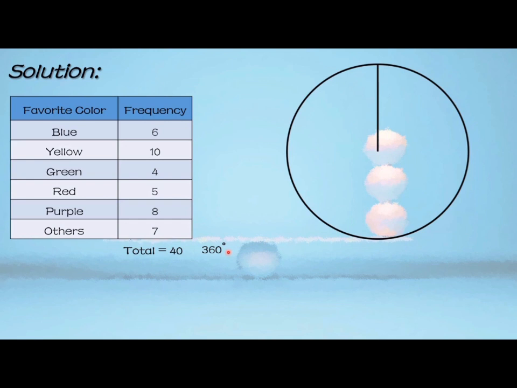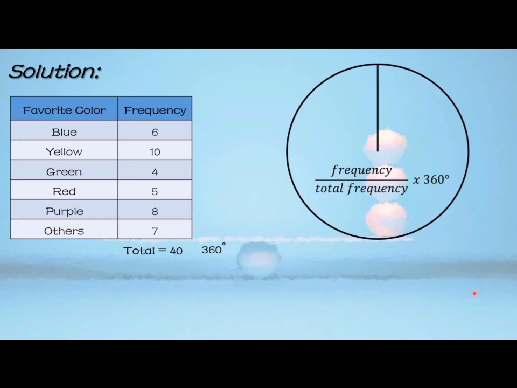Bago tayo gumamit ng protractor, isolve muna natin ang bawat favorite colors using the formula frequency divided by the total frequency times 360 degrees, na kung saan ang numerator na frequency ay yung bilang ng may gusto sa bawat color at ang denominator ay ang total frequency which is 40. Tsaka natin i-multiply sa 360 degrees.